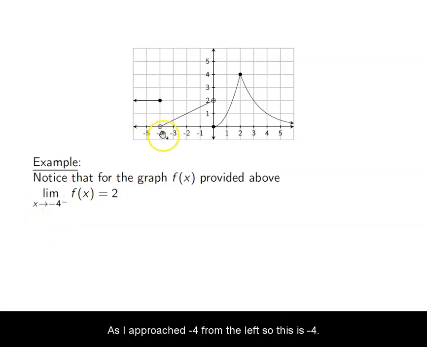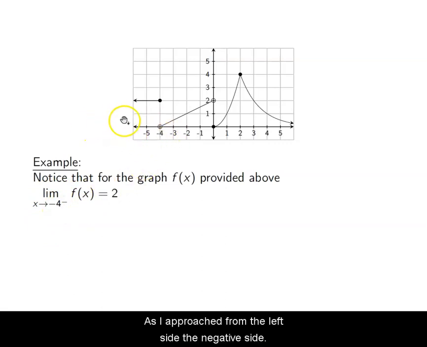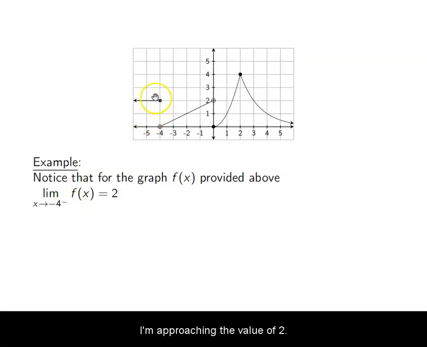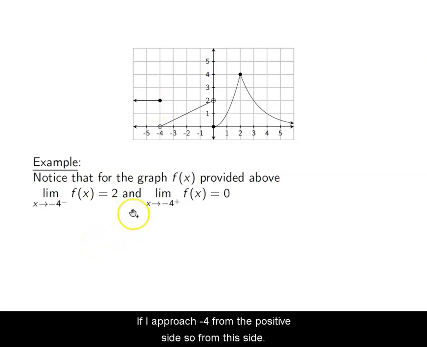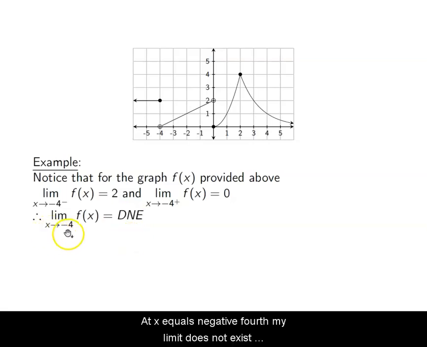As I approach from the left side, the negative side, I am approaching a value of 2. If I approach negative 4 from the positive side, my outputs are going towards 0. So at x equals negative 4, my limit does not exist because I'm going to two different places.